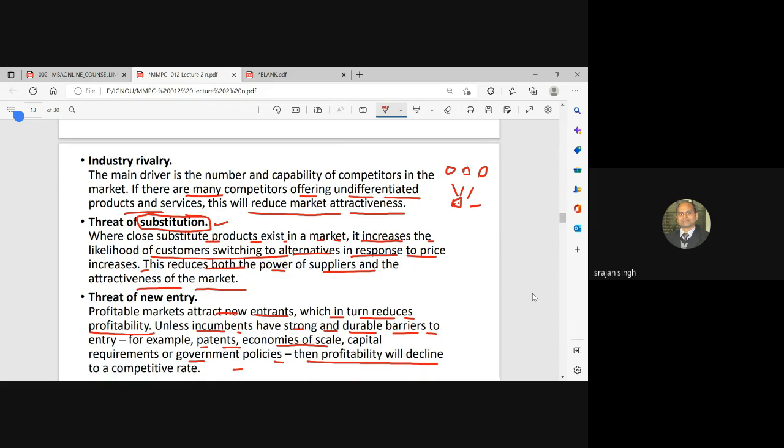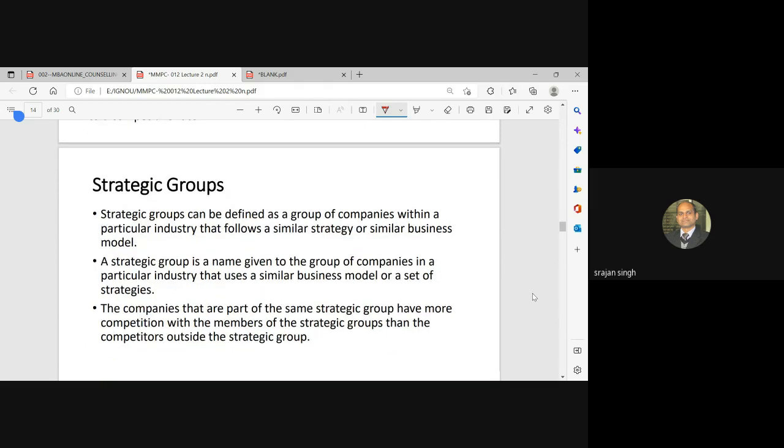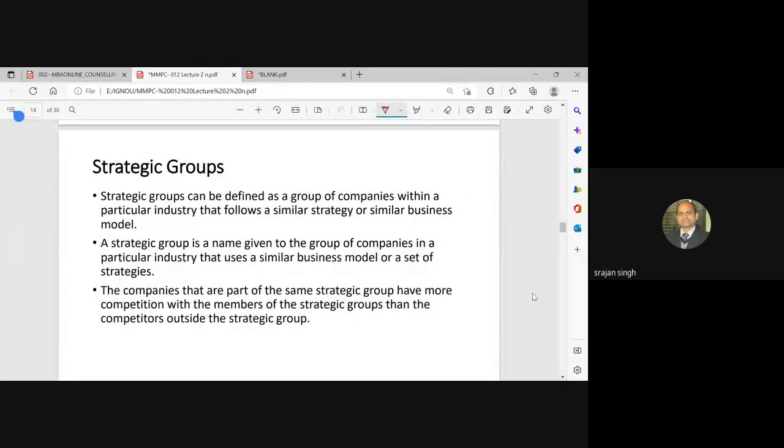New entrants always seek places to enter, and if a market is attractive and there are very few restrictions on entry, then the new entrant will pose a threat to the business.